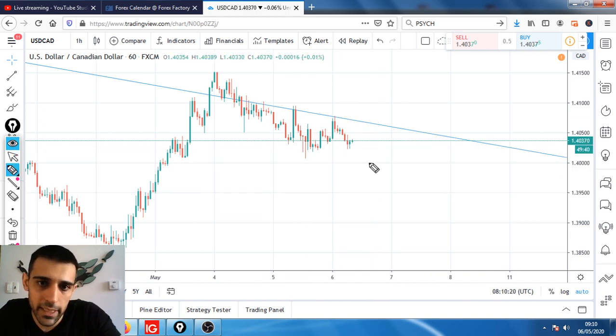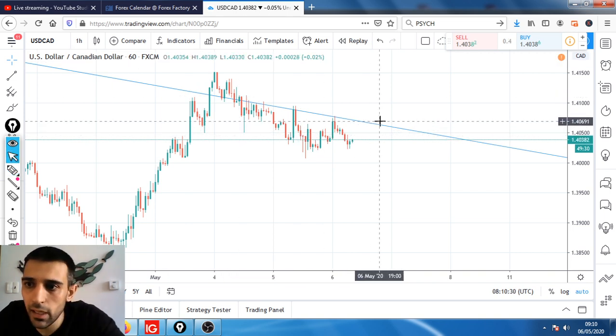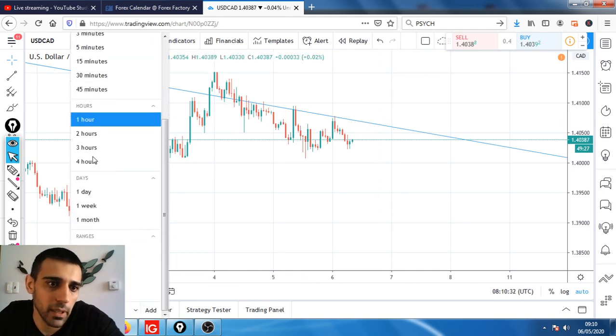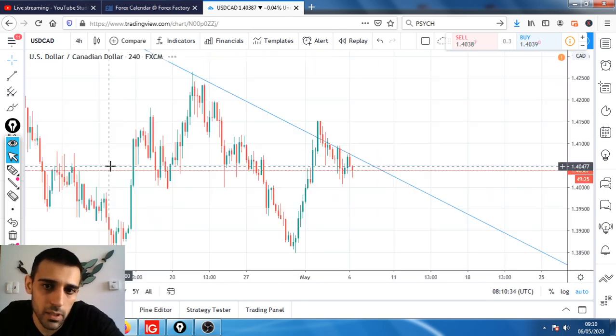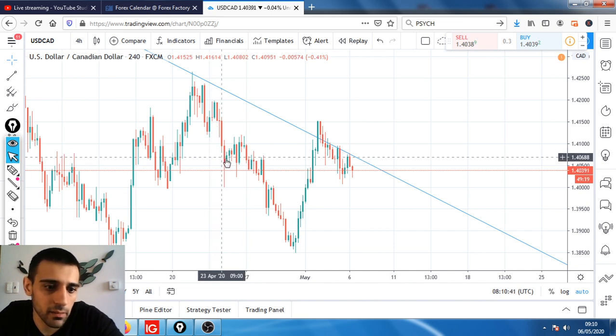So first and foremost, if you're going to take the long trade, I do want to see the price coming up, probably another, on a 4-hourly time frame, 40-70 zone.